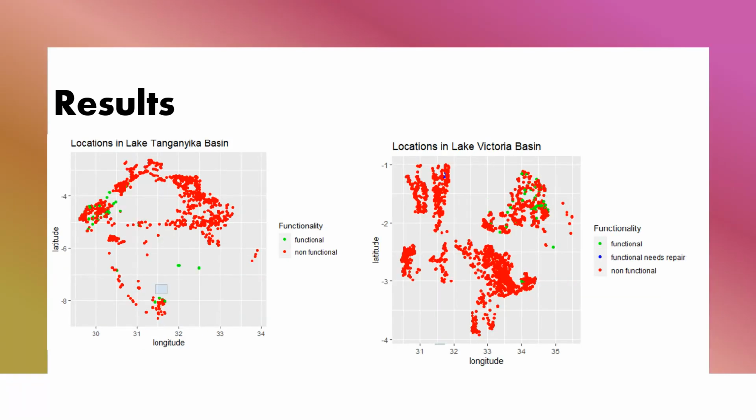And here, Lake Tanganyika and Lake Victoria, you can see that most of them are non-functional. If we had to focus on different areas within these basins, we'd want to focus on the ones that had the most red, to go in and fix and work on those first, as there are some functional water pumps in these areas.